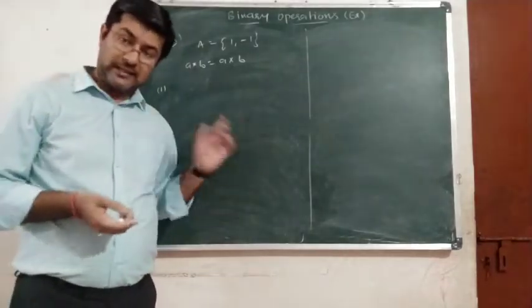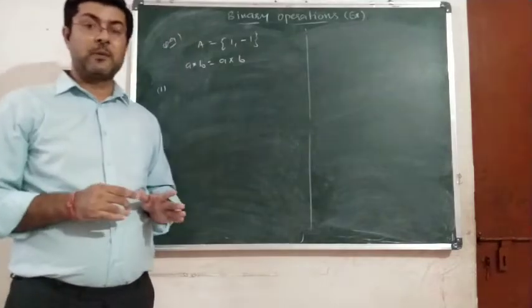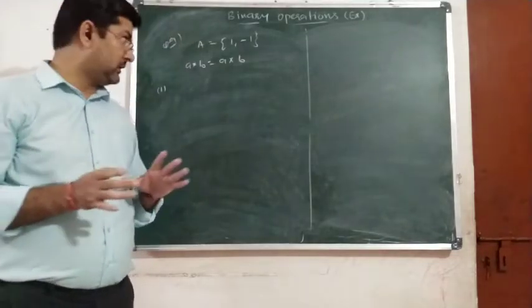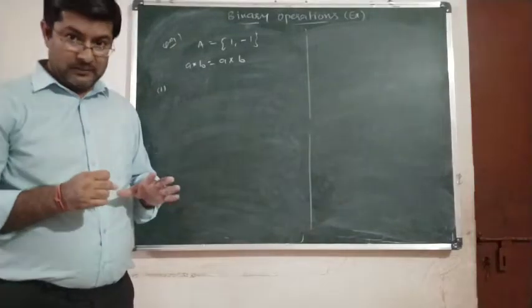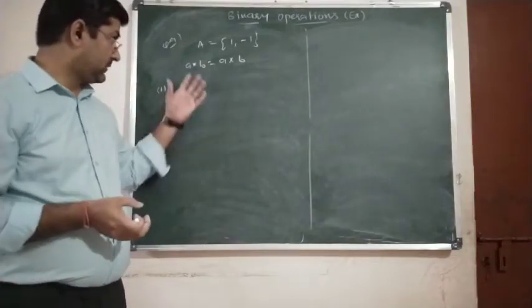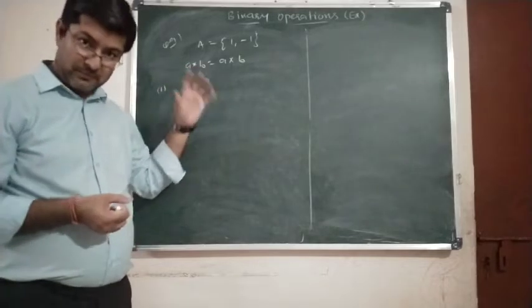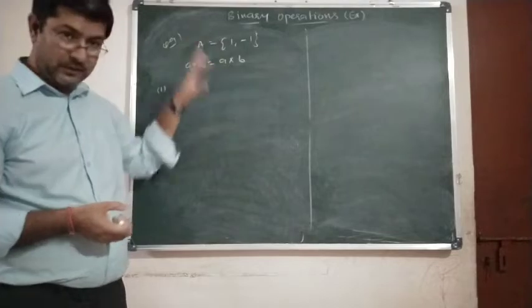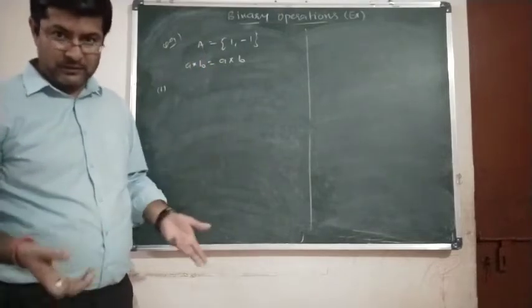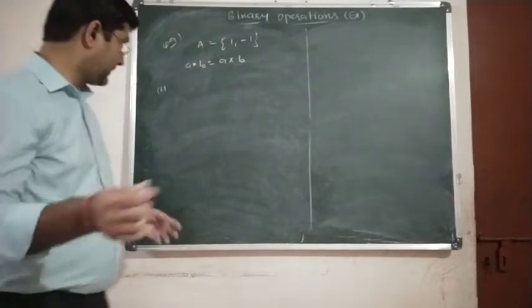But while explaining the definition, I explained to you that the binary operation holds the closure property. That means what? If the given operation is binary, or the binary operation is well defined on a particular set, it means it always holds the closure property.